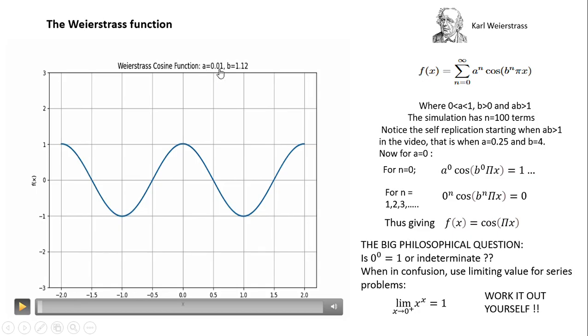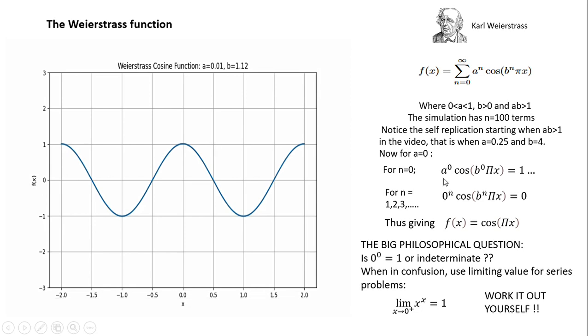So a starts from 0.01, which means a was 0, and when a is 0, all the terms are 0 except for n equal to 0, which means 0 to the power 0, which gives 1.